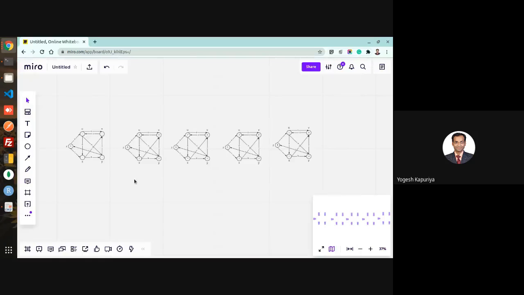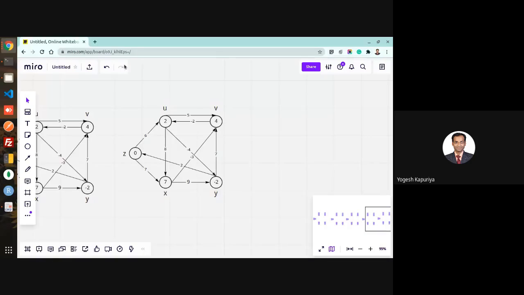Now, how do we find whether there is a negative weight cycle or not? Once you have repeated this 4 times, again you try it one more time. So that means we have repeated this 4 times, then again we will try one more iteration. And if there is a relaxation possible, then it indicates that there is a negative weight cycle.